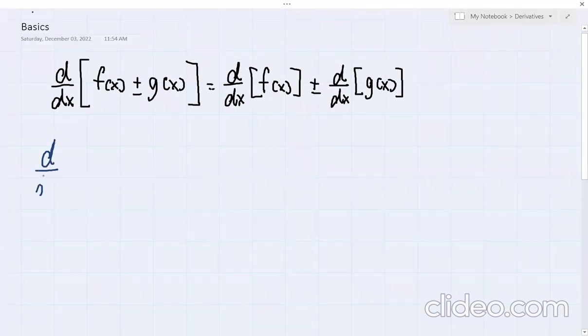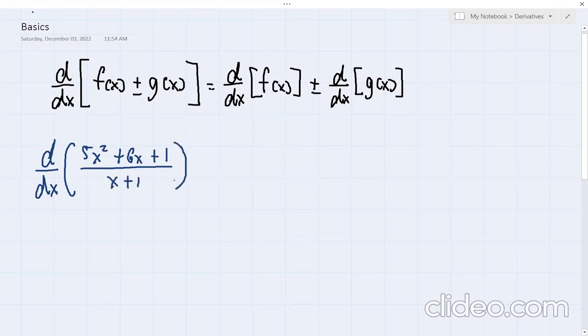So, let's just say meron tayong dito, derivative ng 5x squared plus 6x plus 1 all over x plus 1. Eto, kaya ba itong i-simplify? Tingnan natin. Okay? Eto, pwede ko itong i-factor.